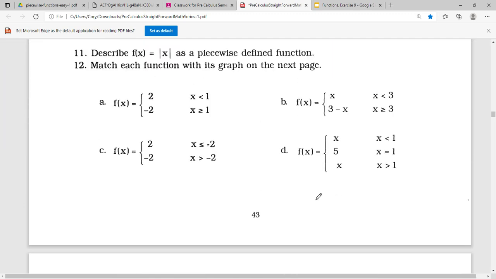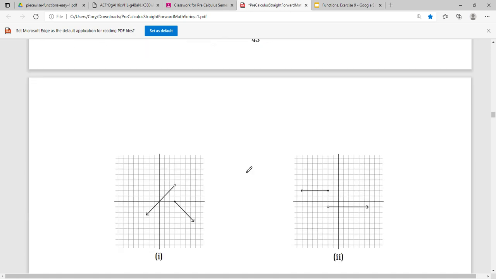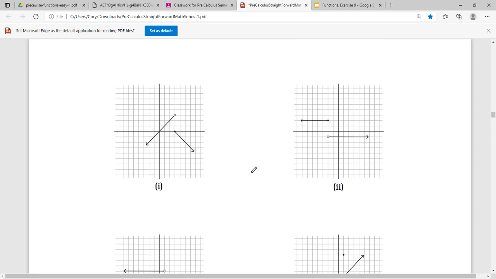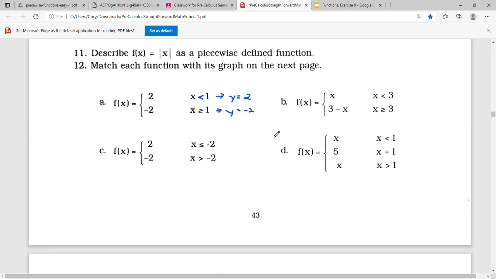This one is if x is less than 2, y equals 2. If x is greater than or equal to 2, y equals negative 2. So these are both straight lines. No matter what x is on this one, y is always negative 2, and no matter what x is on the other, y is always 2. So let's see if we can find that graph. That's got to be this one. Here's negative 2 and 2.